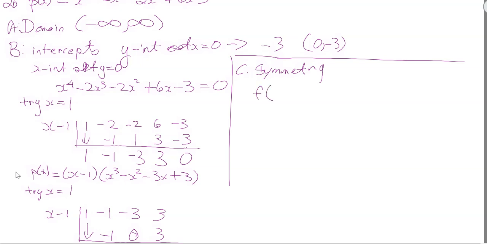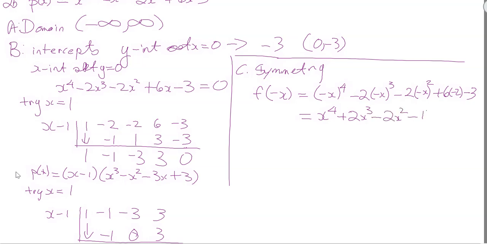What do you think? Is there going to be any symmetry? x to the 4 plus 2x cubed minus 2x squared minus 12x minus 3, and that's totally different, right, from our original.